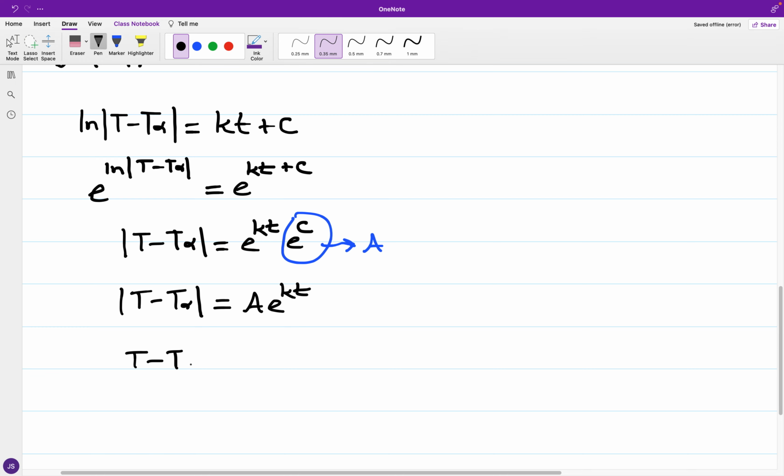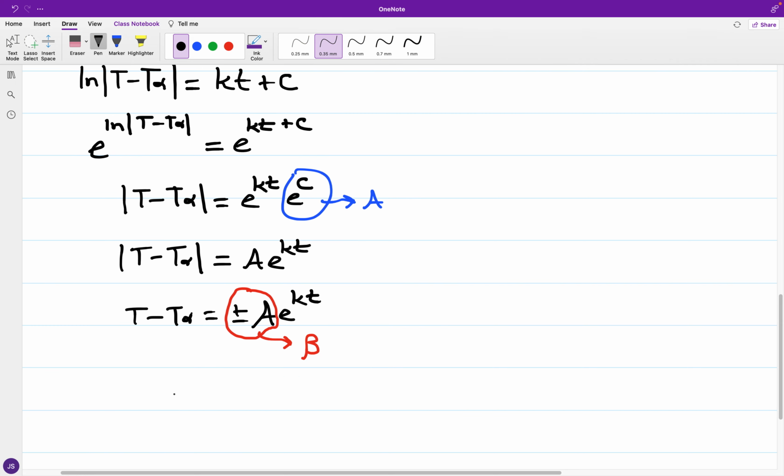So we have T minus T sub alpha, and technically it is equal to plus or minus A times e to the kt. You can also skip this step, but we'll call plus or minus A a letter, and it could be from any alphabet.